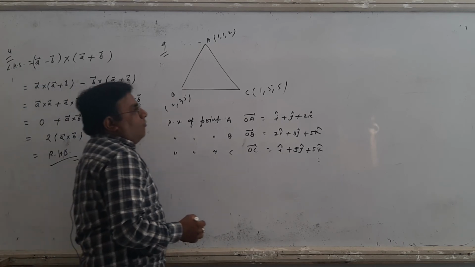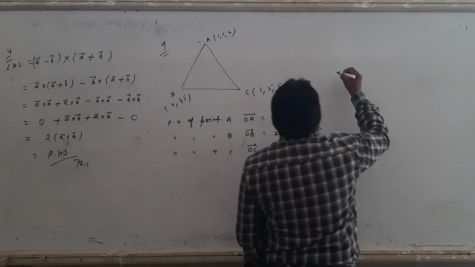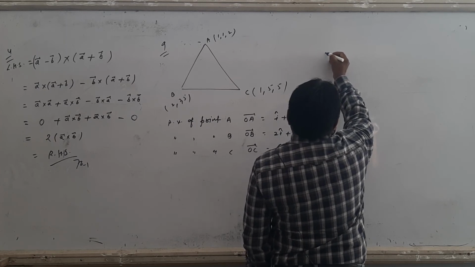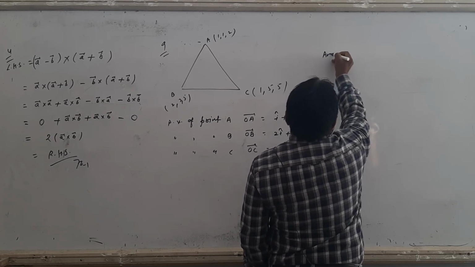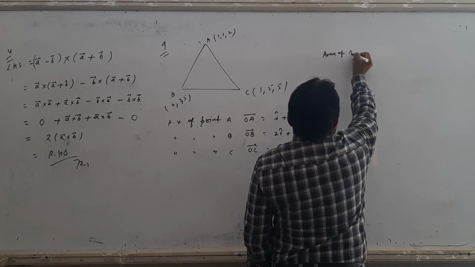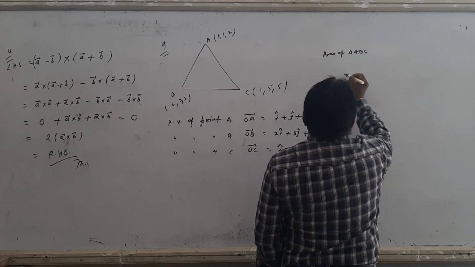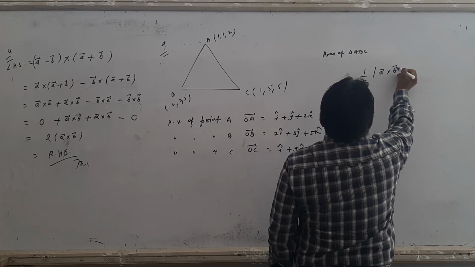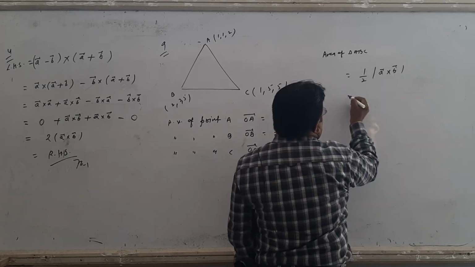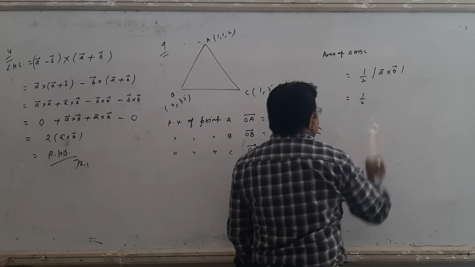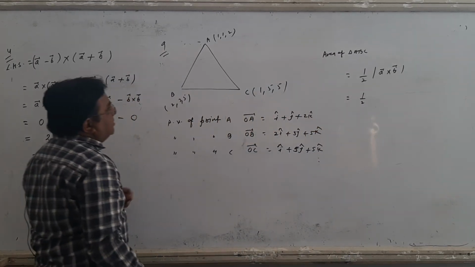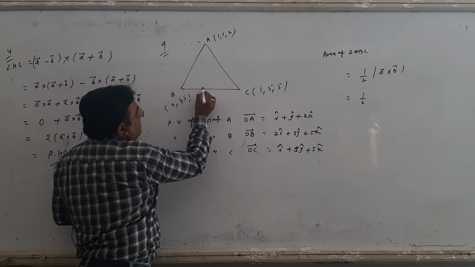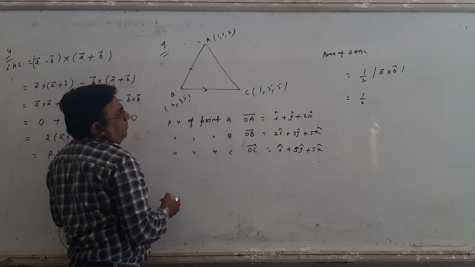You know, student, the formula for the area of a triangle: when two adjacent sides are given, the area of triangle ABC is 1 by 2 magnitude of A cross B, where vector A and vector B are adjacent sides. So first find the adjacent sides. If I take adjacent sides from point B, they are BC and BA.